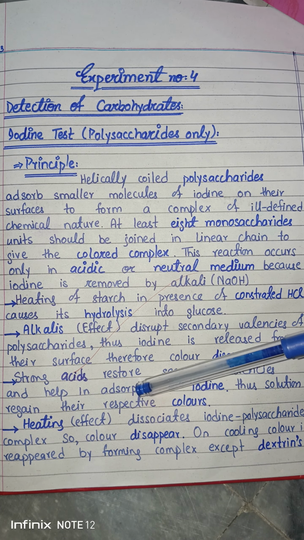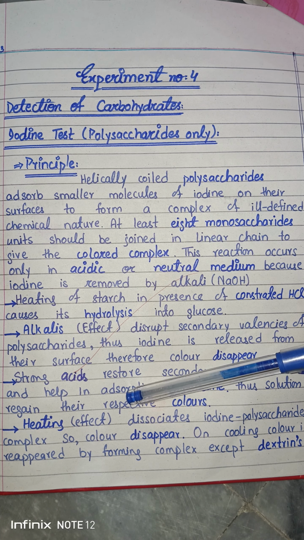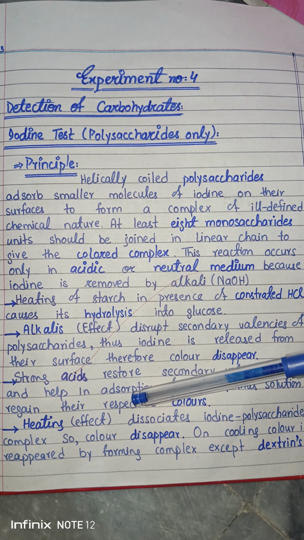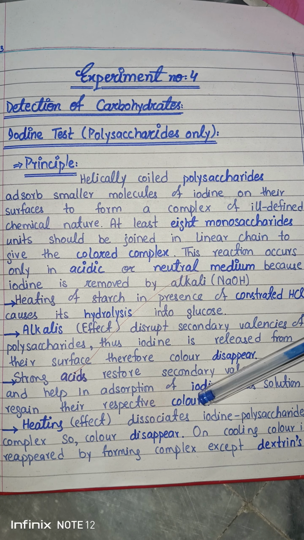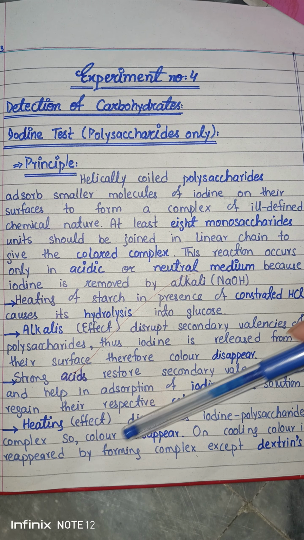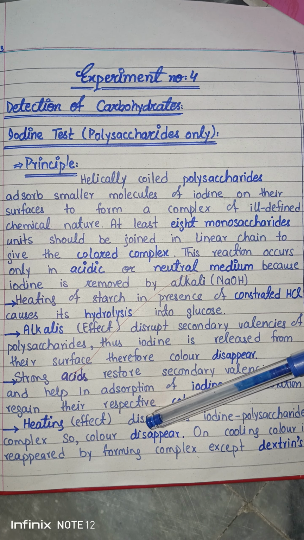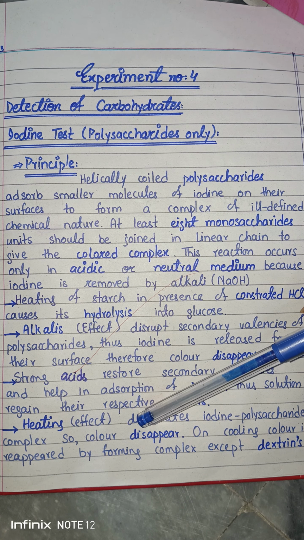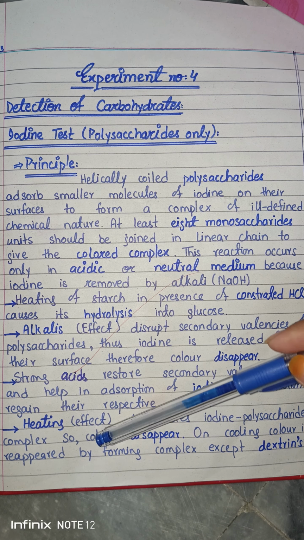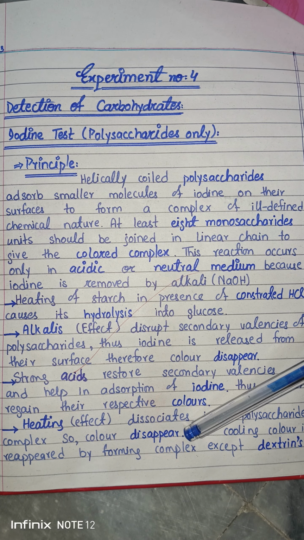You should take great care with the heating of your solution, because heating can also disturb the color complex. Heating dissociates the iodine and polysaccharide complex, and the color disappears. So if you heat your solution, this color complex will be demolished. On cooling, it reappears and forms the color complex.